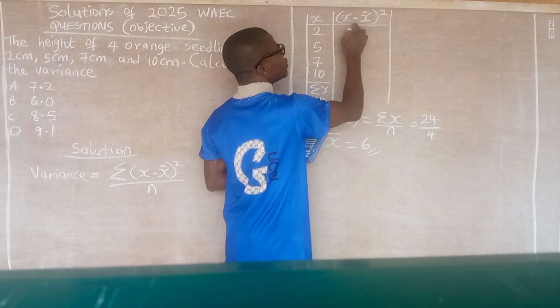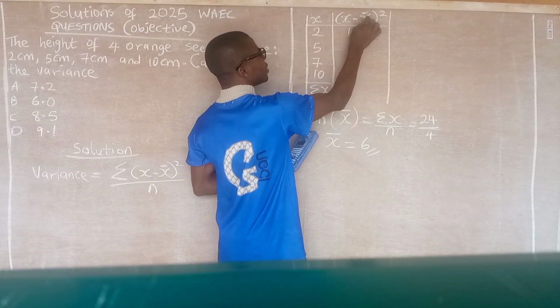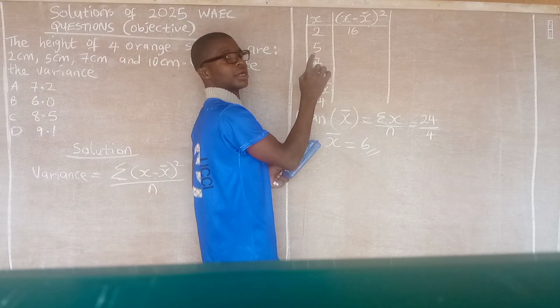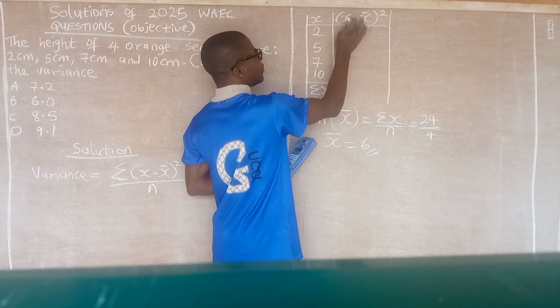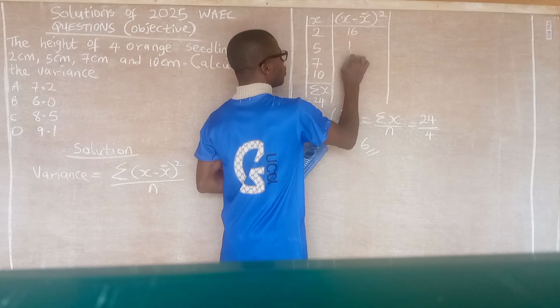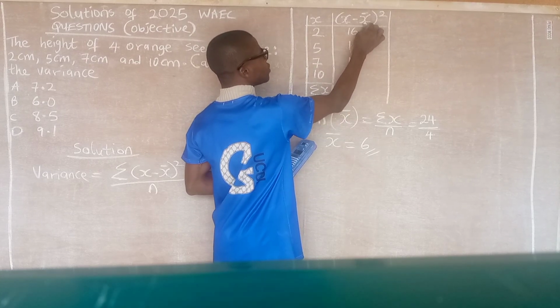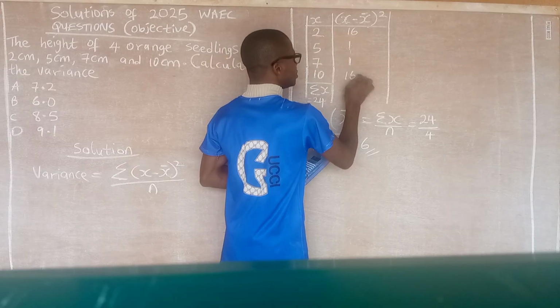Minus 4 raised to power 2 is 16. Then for this one, 5 minus 6 is minus 1. Minus 1 raised to power 2 is 1. 7 minus 6 is 1. 1 raised to power 2, 1. 10 minus 6 is 4. 4 raised to power 2, 16.